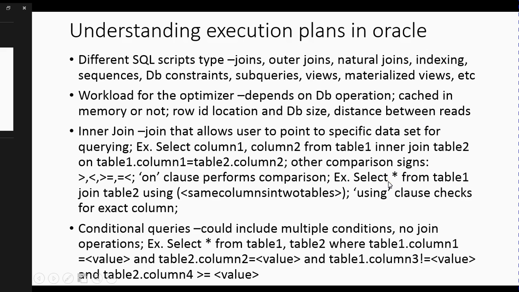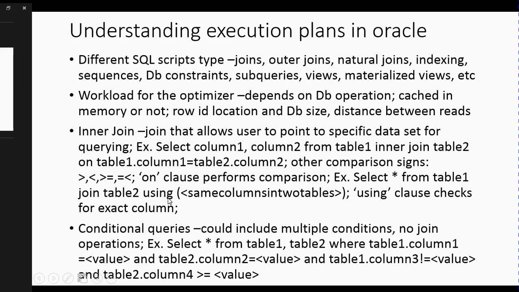Here is another example, done the right way. This is another inner join, where I use a select star from table 1 join table 2, and then I have a using clause.